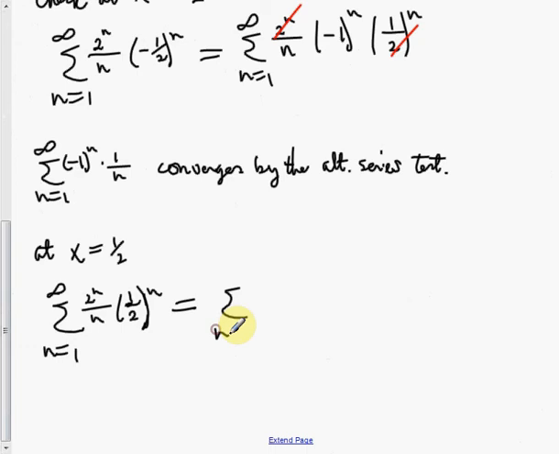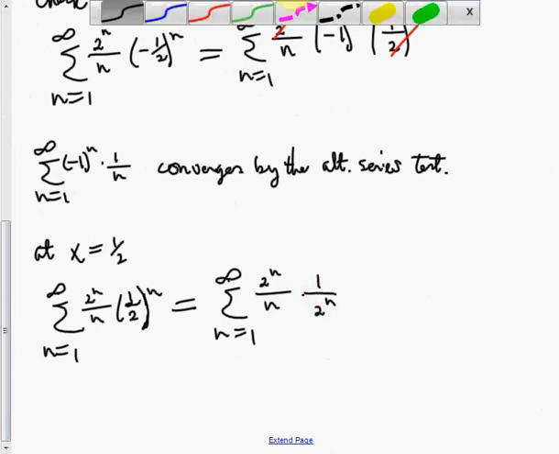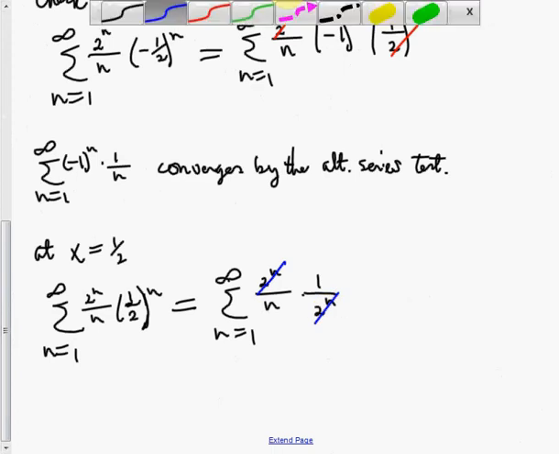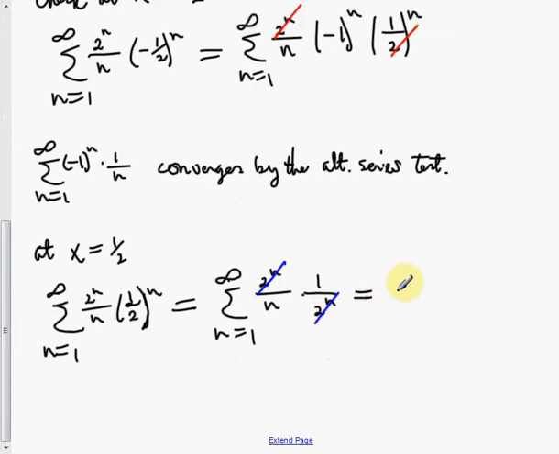This is 2 to the n over n times 1 over 2 to the n. The 2 to the n's cancel out just like before. What I have left is the summation as n goes from 1 to infinity of 1 over n.